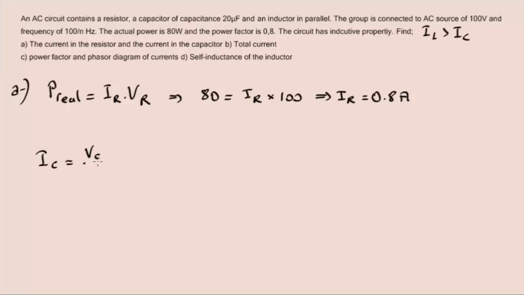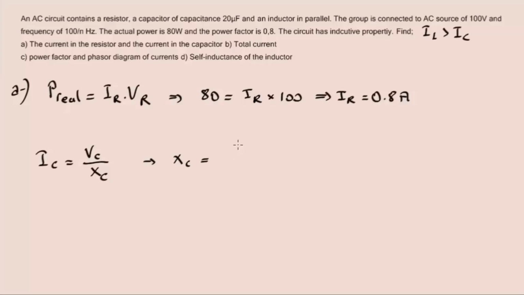IC equals VC over XC. VC equals V total, they are all equal to each other because this is a parallel combination. It is 100. But what about XC? XC is unknown, just the capacitance is given. So I have to calculate XC.